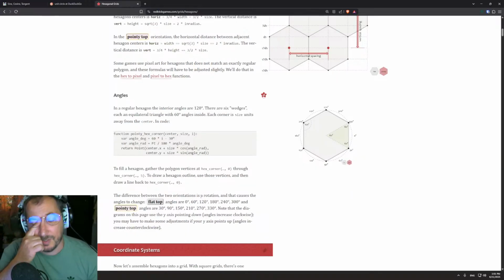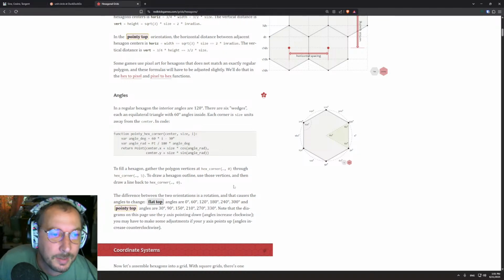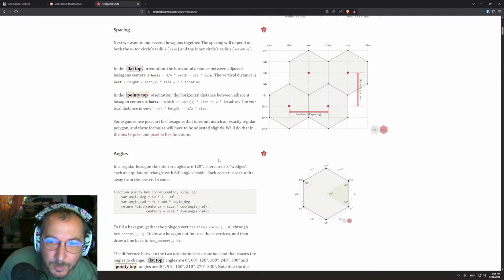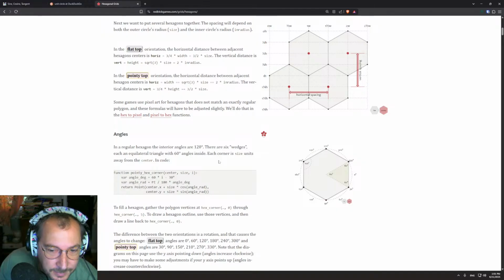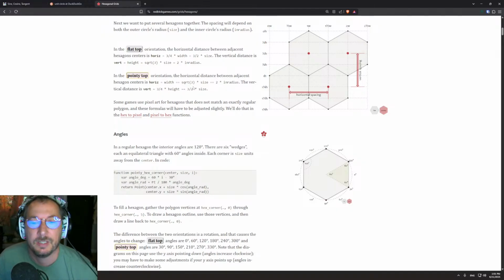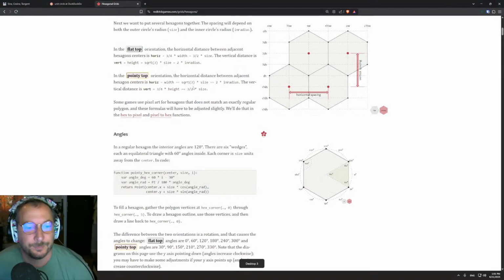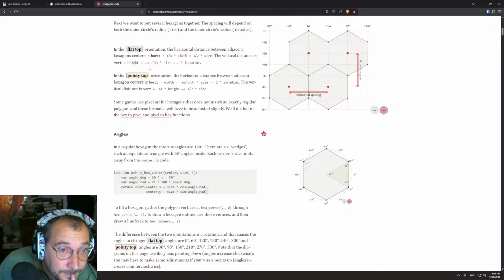That's right. And so we need to determine whether we have a flat top or a pointy top, right? Which were flat tops. I haven't even experimented with changing that for the game. Pointy hex corner: center, size, and then i is the corner.